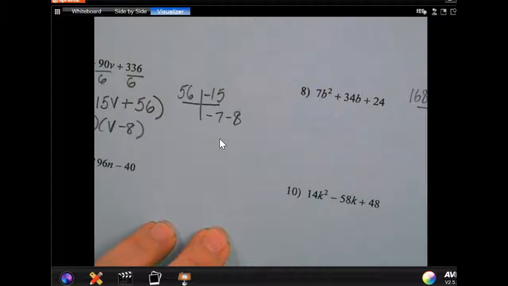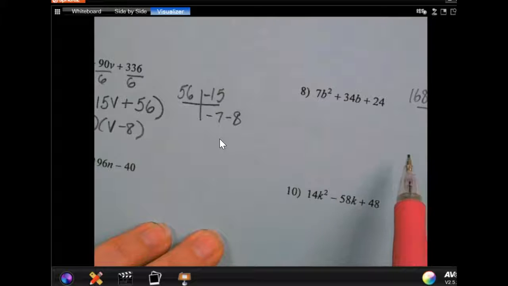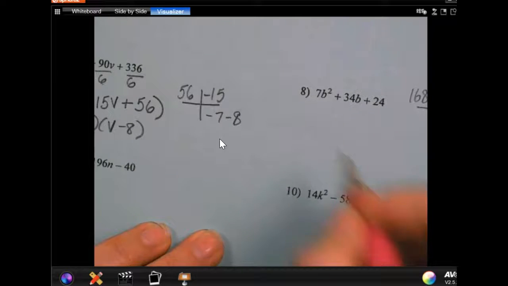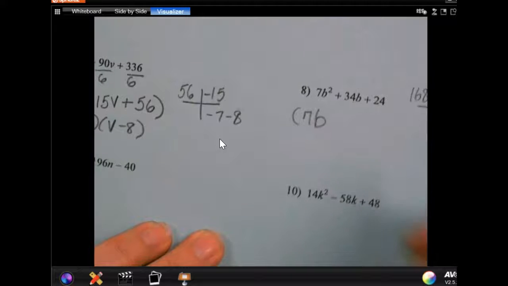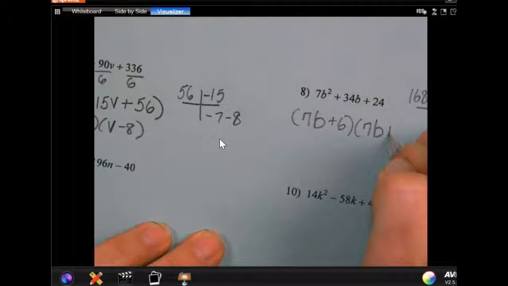They're all positive. So, 6 and 28. So, watch. What's the leading coefficient this time? It's not a 1, correct? So this time, we have 7b plus 6 and 7b plus 28.